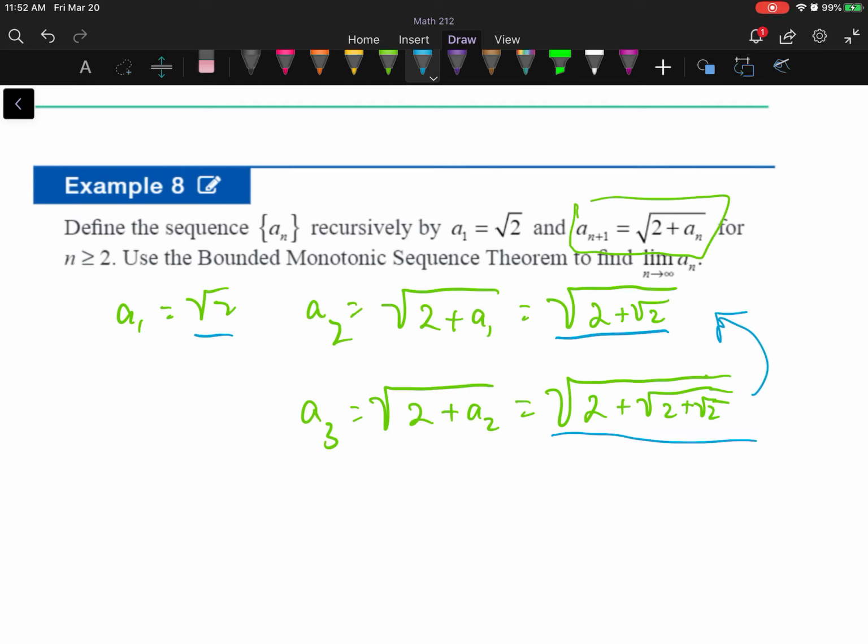Because all of those square roots of 2 are still positive numbers. And so while we would do this formally using a method called induction, I think for right now, just looking at these first 3 terms is enough to convince me that we're increasing and that we would continue to increase.